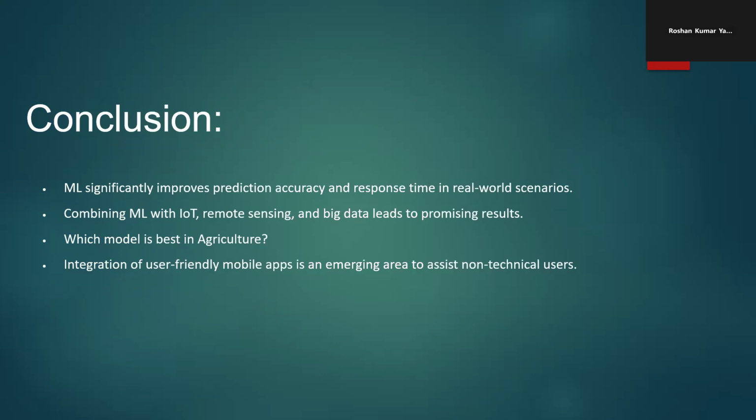really significantly improves prediction accuracy and response time in real-world scenarios. Suppose you want to harvest some crops, and if you have good, accurate knowledge about the weather forecast, then we are not going to lose those crops.